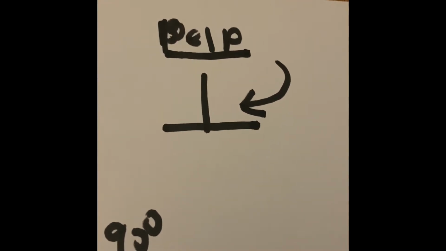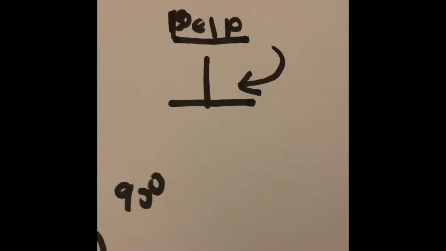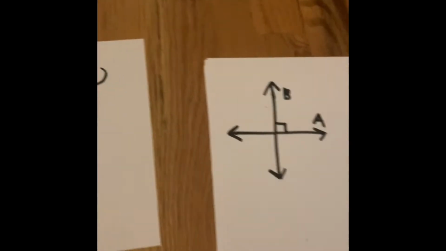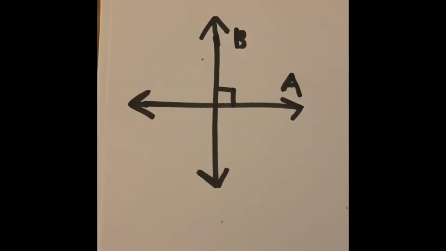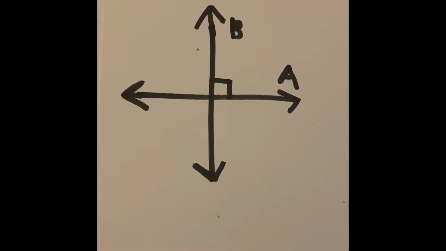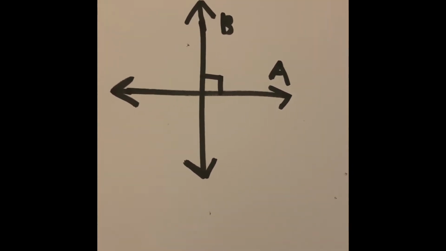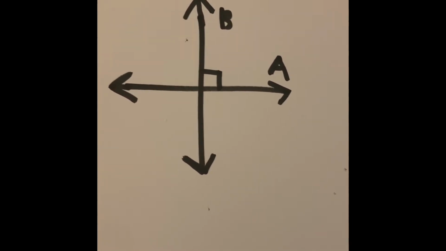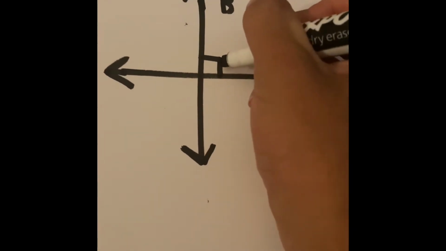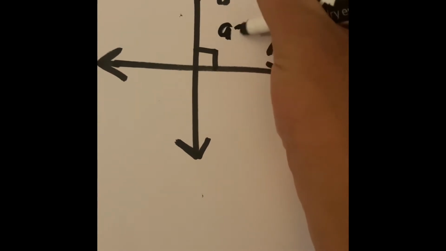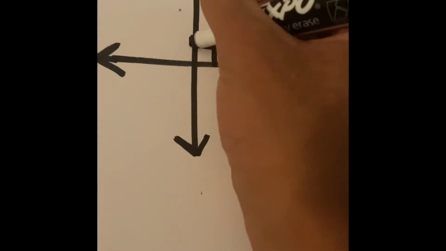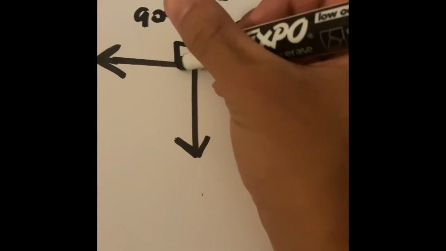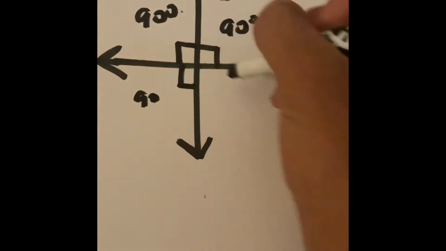Let's get started. To start off, let's practice using the symbol by identifying a picture. Here's an example of where we can use the symbol. We have a diagram with two lines that crisscross each other, and the square right there means it's 90 degrees. We could also say that this side is 90 degrees, along with this side and this side.